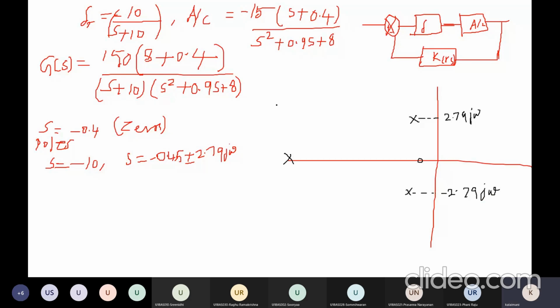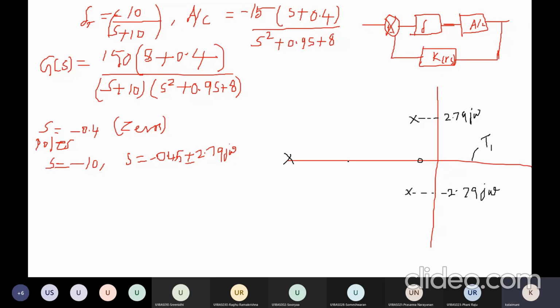Okay. Once you locate your poles and zeros, then step number 2, we need to find out whether the real axis will be part of the root locus or not. We have to select some test points. I select one test point here on the real axis. To the right of the test point, the count of poles and zeros is 0, therefore this portion will not be part of the root locus.